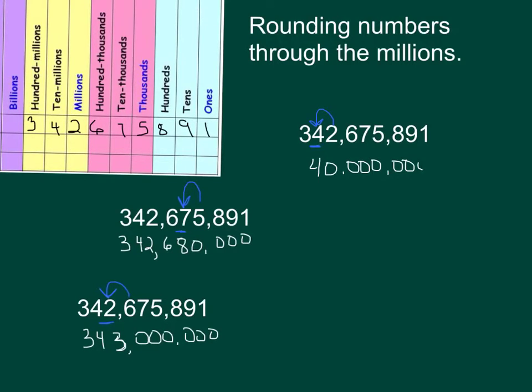And we're going to keep everything in front of it. So therefore, if we want to round 342,675,891 to the nearest 10 millions place, it would be 340 million. Everything else turns to zeros.